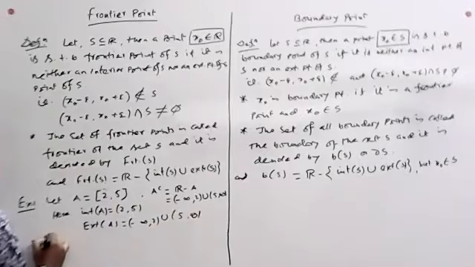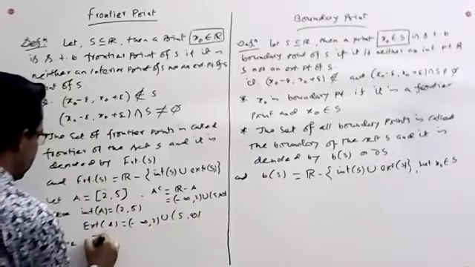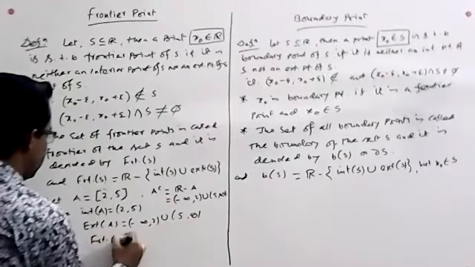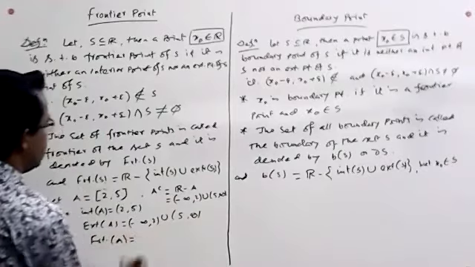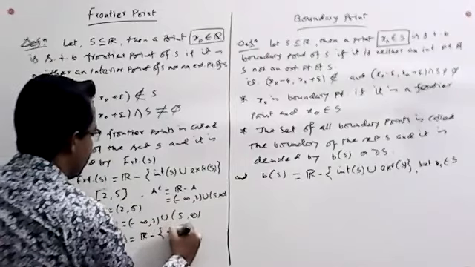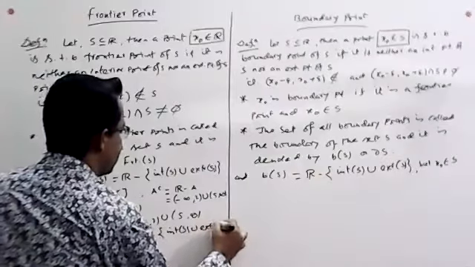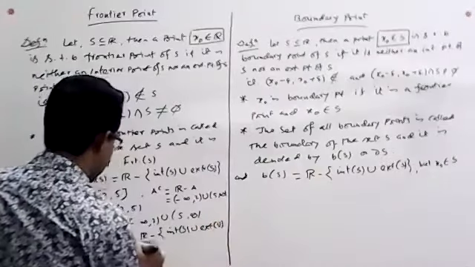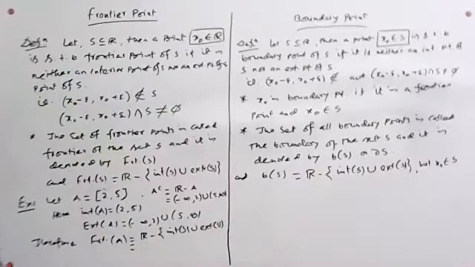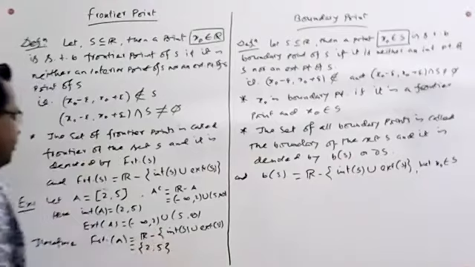Therefore, by these tools, we have got the frontier of A, the set of all frontier points, equal to R minus interior of A union exterior of A. So we have got the result is only 2 points, which are 2 and 5. This is the frontier of A.